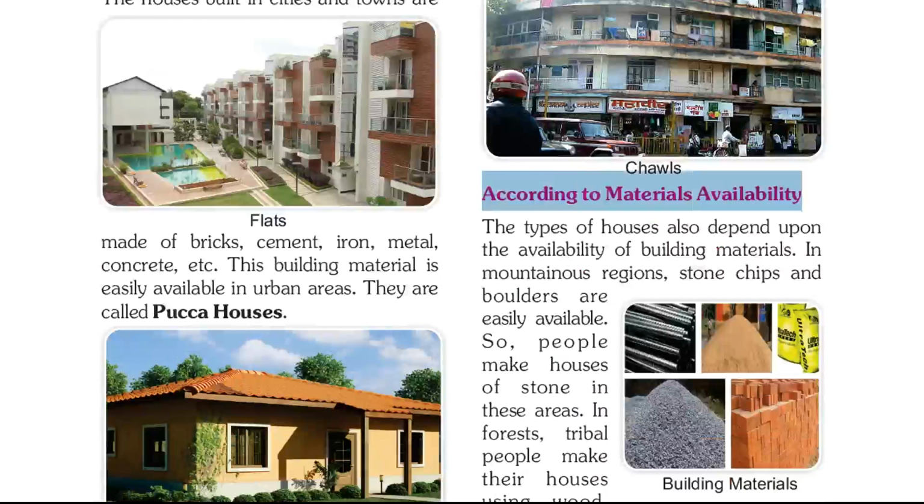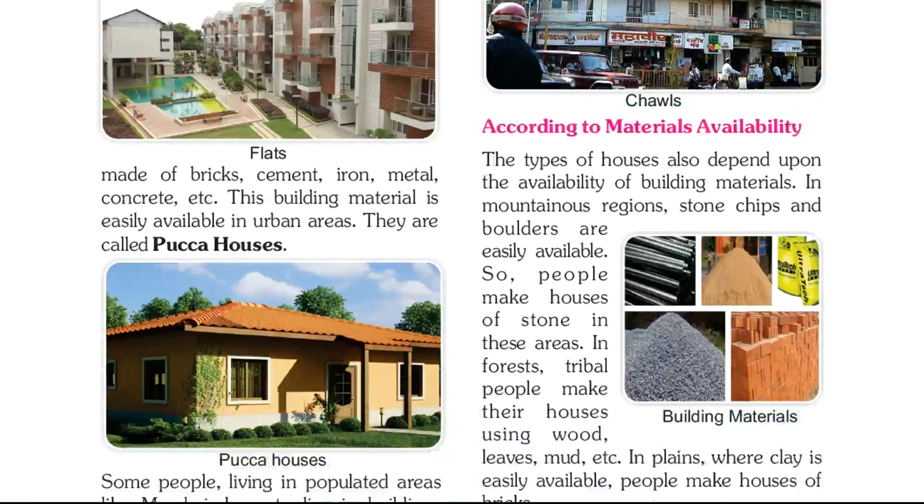According to materials availability, the types of houses also depend upon the availability of building materials. In mountainous regions, stone chips and boulders are easily available. So, people make houses of stone in these areas.